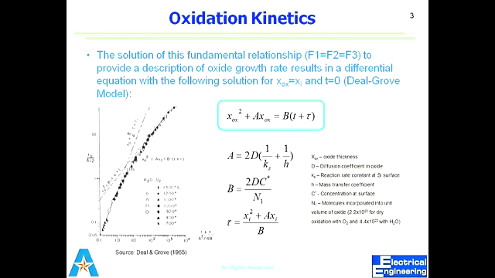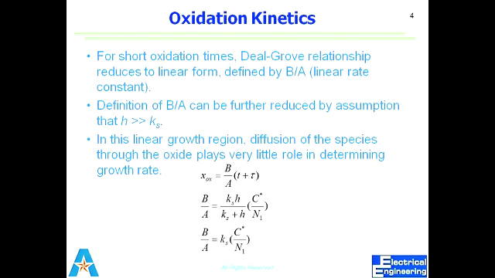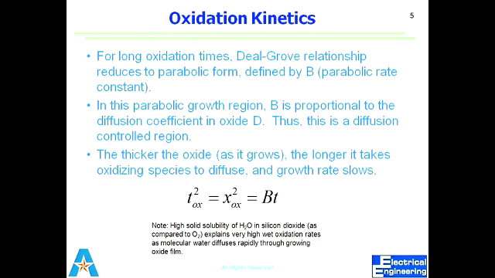So what I'm trying to let you know is that this equation actually has a parabolic part as well as a linear part. So for a very thick oxide layer this relationship becomes parabolic, and for thin layers it would be linear. This is for long oxidation times.